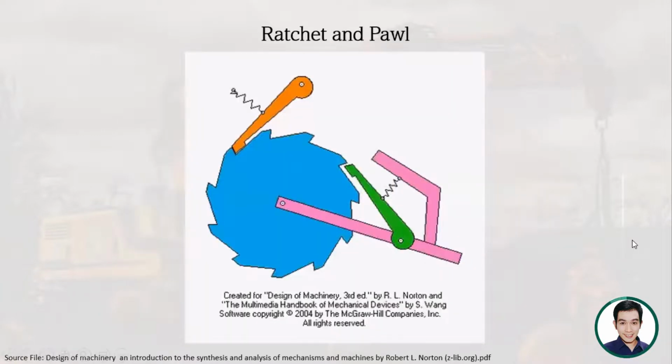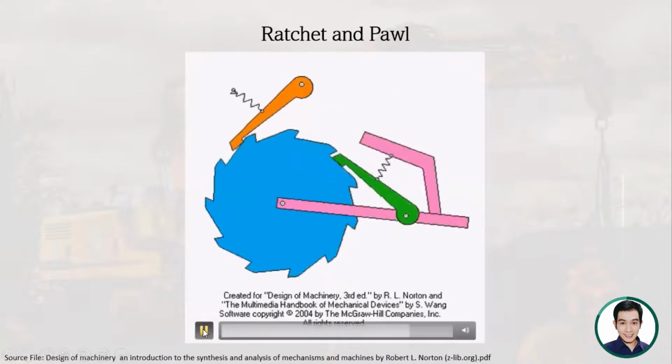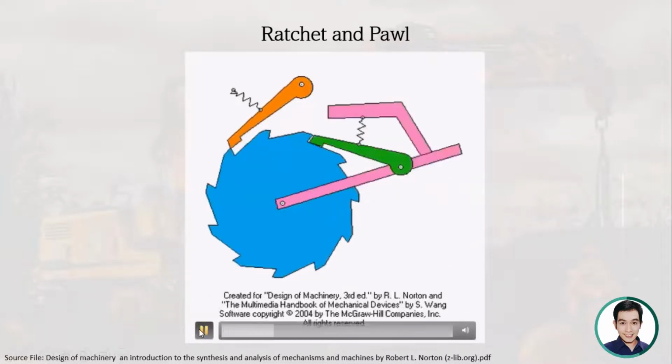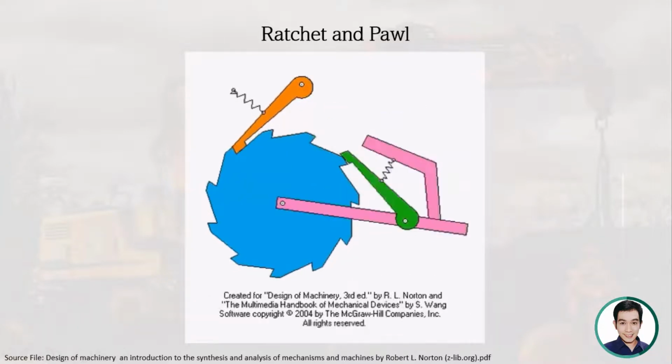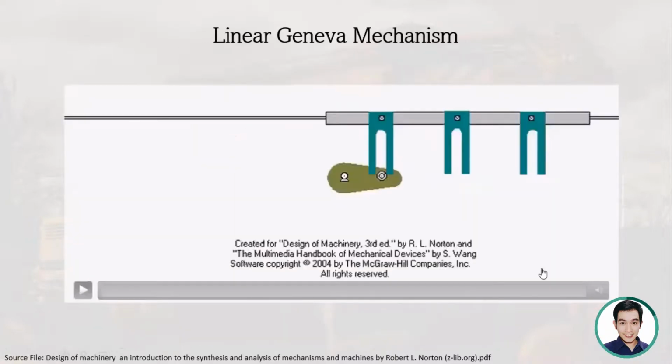And then we have here another one, a Ratchet and Pawl mechanism. So we have a series of dwell and motion. And then we also have the linear Geneva mechanism.